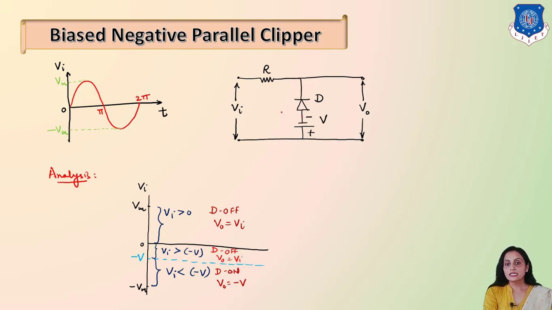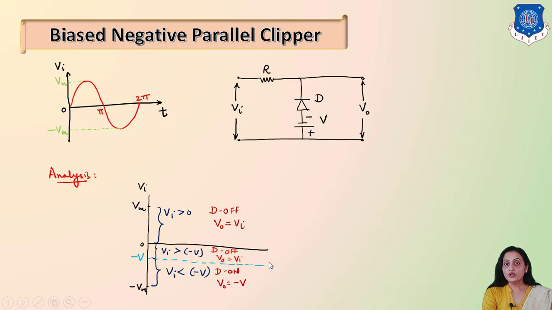Just look at this circuit diagram. This particular terminal, the anode of the diode, is connected to minus V. Now at the cathode of the diode, if the voltage is greater than minus V, that means the diode is off, and due to that we can say the output is equal to the input when the diode is reverse biased.